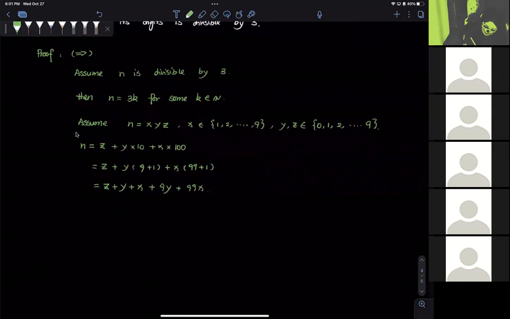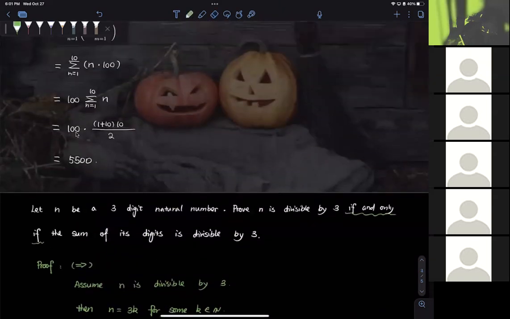Okay, we know that n equals 3k, so 3k minus 99x minus 9y equals x plus y plus z. So you can factor out a 3 if you want.